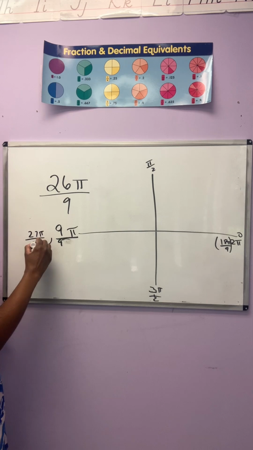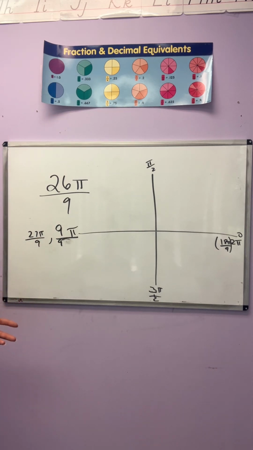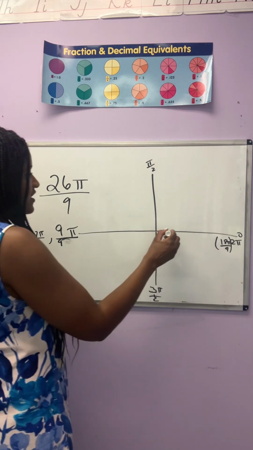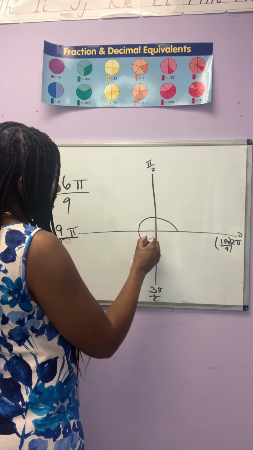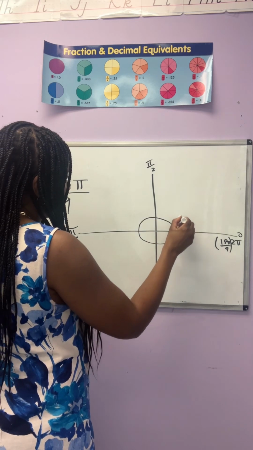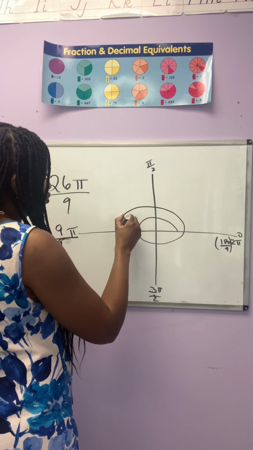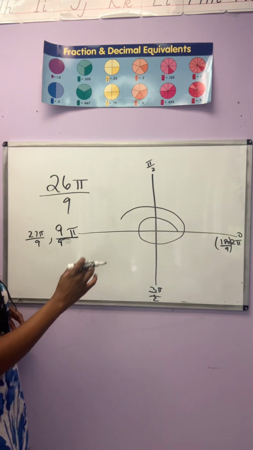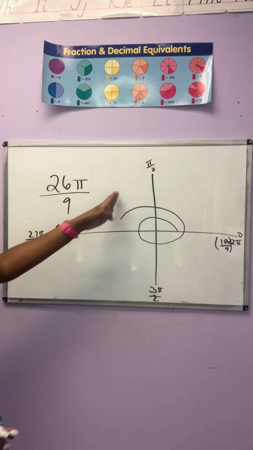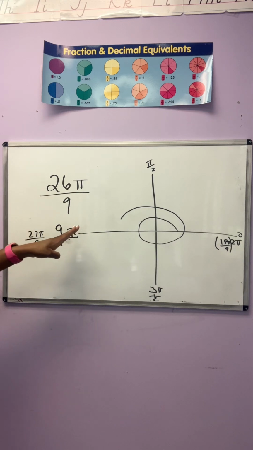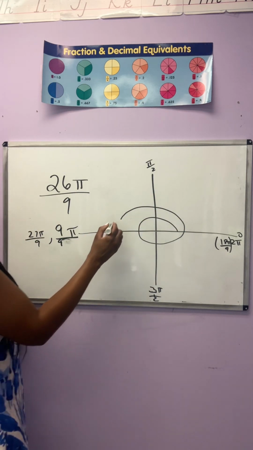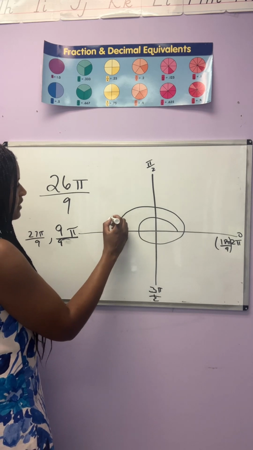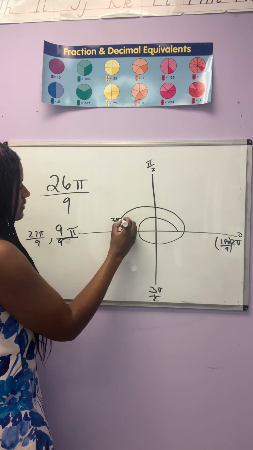But now remember, ours is 26 pi over 9. So we can think of it like, if this is my starting position, I've gone 18 pi over 9, and I'm not going to go all the way down to 27 pi over 9. But imagine breaking this up into 9 parts, these two quadrants, if you broke them up into 9 parts. So maybe 26 pi over 9 would be right here.